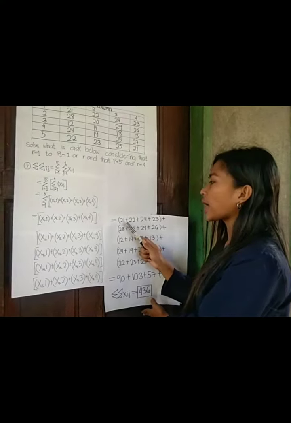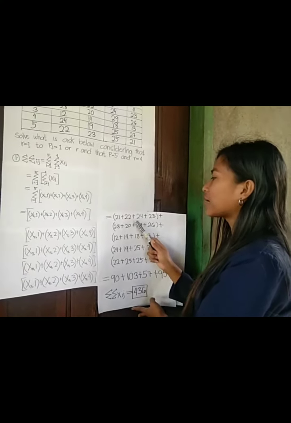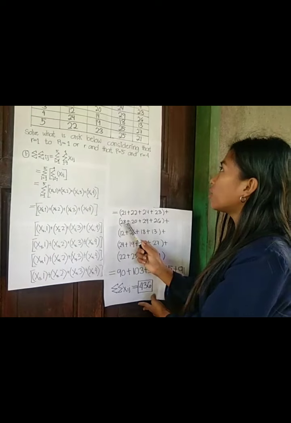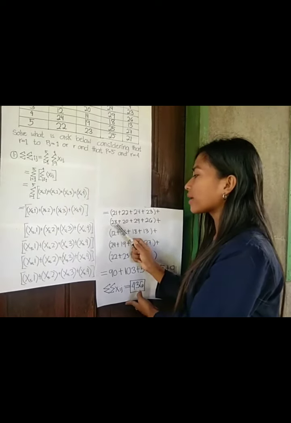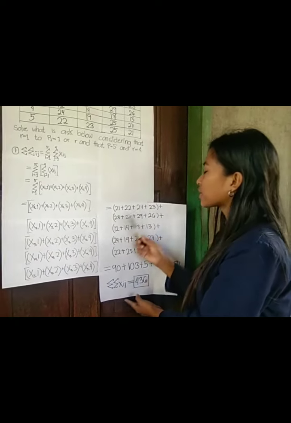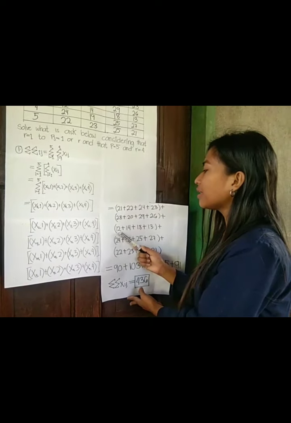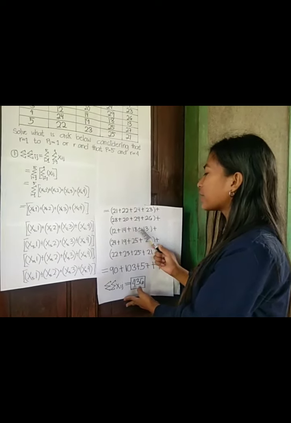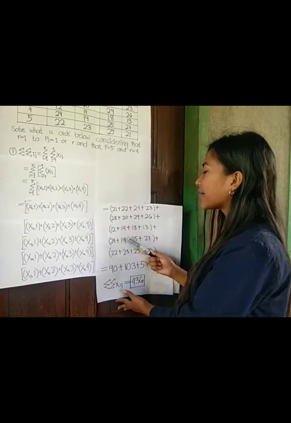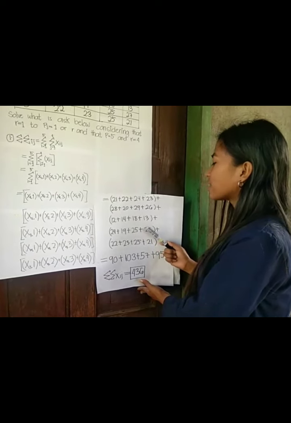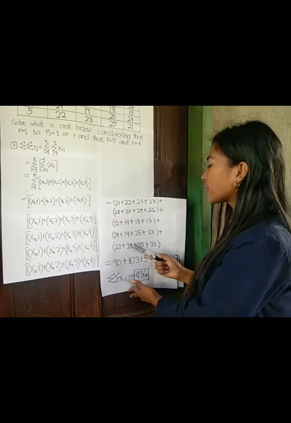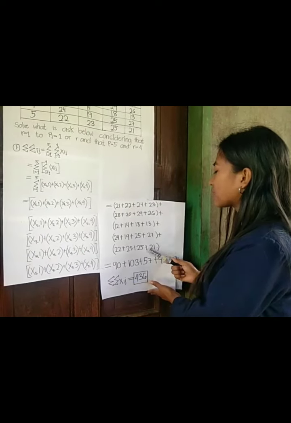So we have row 1 with its values in columns 1 to 4: 21 plus 22 plus 24 plus 23, plus row 2: 28 plus 20 plus 29 plus 26, plus row 3: 12 plus 14 plus 18 plus 13, plus row 4: 24 plus 19 plus 25 plus 27, plus row 5: 22 plus 23 plus 25 plus 21.